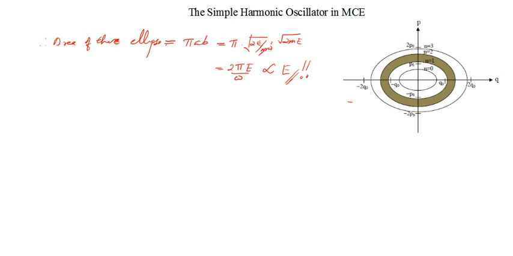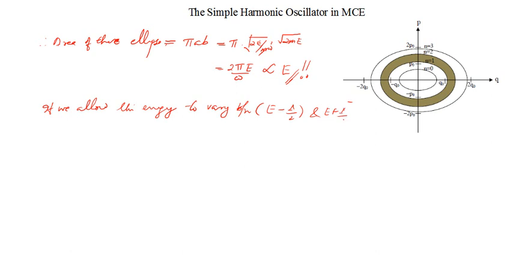So if we allow the energy of the oscillator to vary, as happens in real systems, a very small variation, we have been permitting a variation of delta. So it will be supposed to vary between E minus delta by 2 and E plus delta by 2.